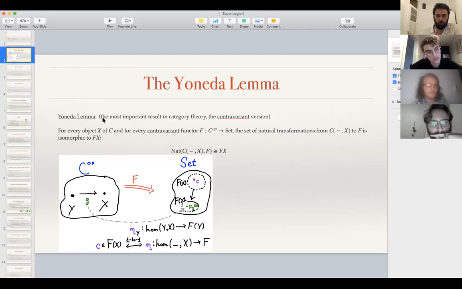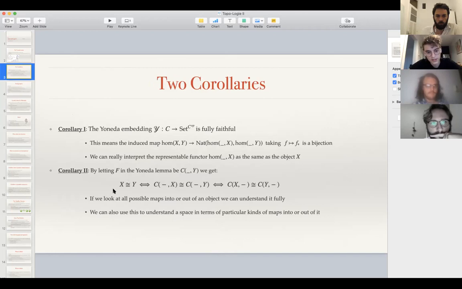If you just plug this in here, we get this ultimately: X is equivalent to Y if and only if its representable presheaf is equivalent, or if their representable co-presheaves, which are these ones, are equivalent.